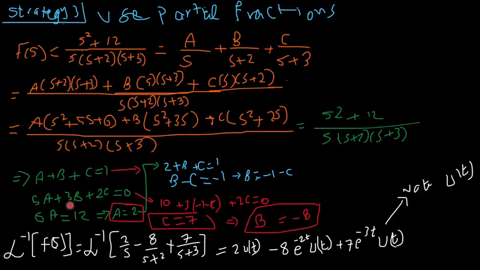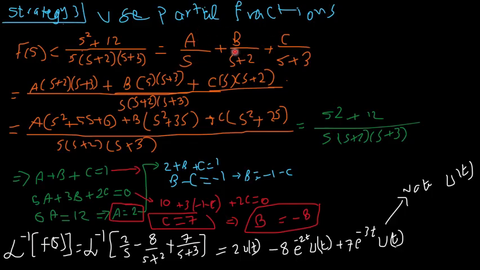This means that 5a plus 3b plus 2c equals 0, and there is a constant here, a number 12. So any term here without s or s squared will be equal to 12. This means that 6a equals 12, a equals 2. Plugging this into the other two equations, we will have c equals 7 and b equals minus 8.